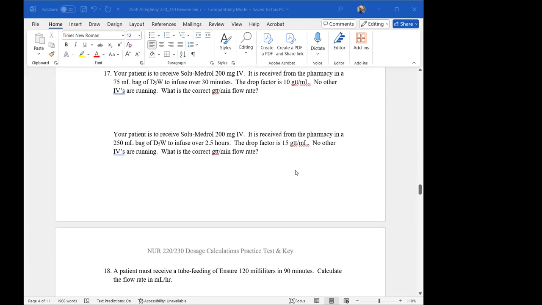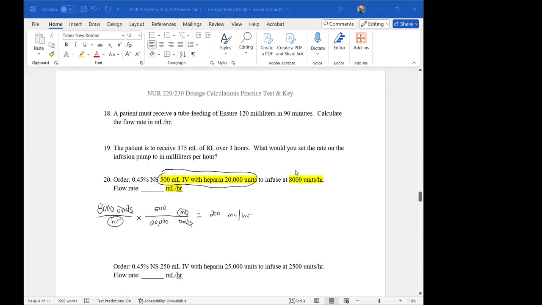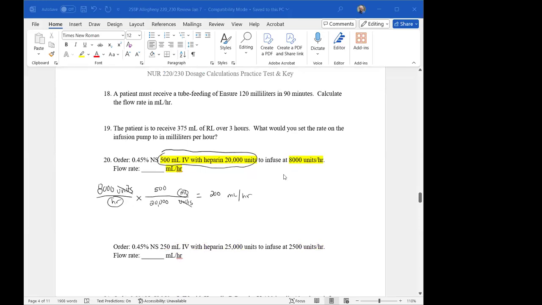So there's a couple flow rate questions to review, but what's new is this is a new type of question that you haven't necessarily seen before, where you have basically units per hour, and they're asking you to convert it to milliliters per hour, and then they're going to give you an IV, and you need to know that you've got to use the information from the IV to convert units per hour to milliliters per hour, or in the reverse, milliliters per hour to units per hour.